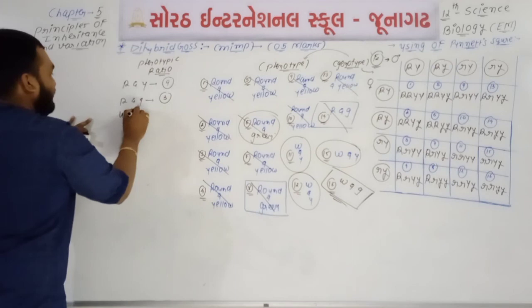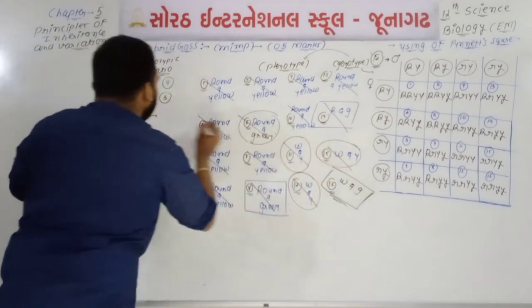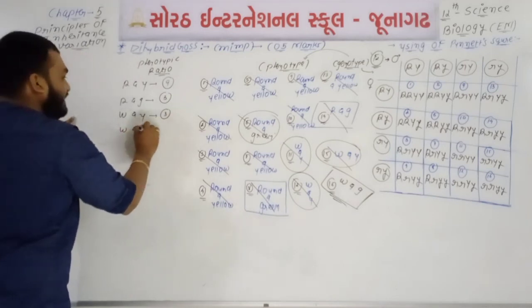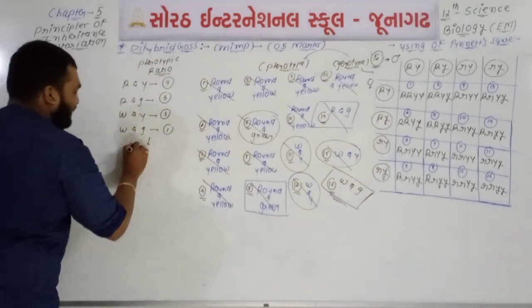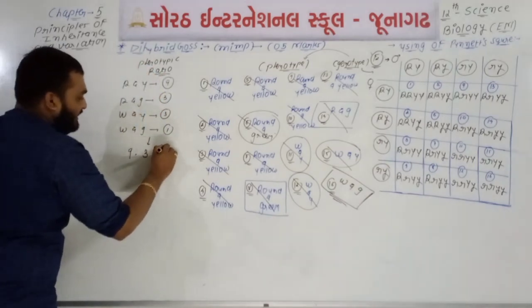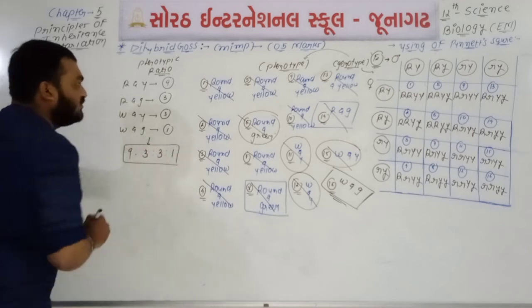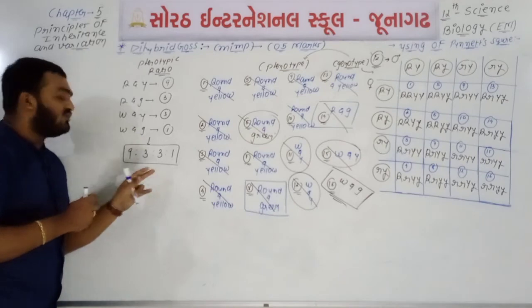Wrinkled and yellow 1 2 and 3 are wrinkled and yellow, wrinkled and green only 1 is there. So the phenotypic ratio will be 9:3:3:1. Remember the phenotypic ratio will be 9:3:3:1.